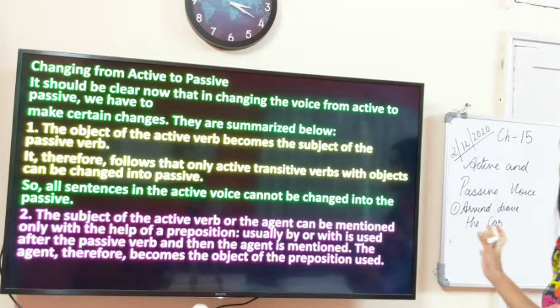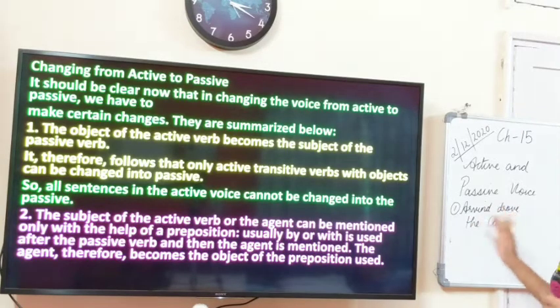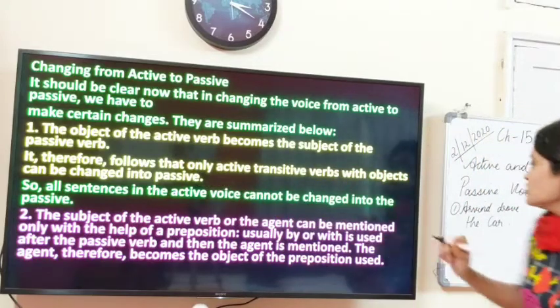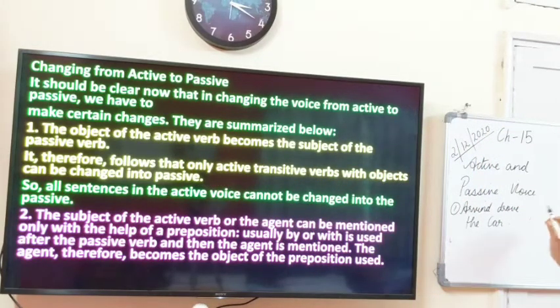I'm taking this simple example again and again so that you understand this very well. The object of the active verb. This is an active voice, okay? Which is the object, children? Car. The object of the active verb becomes the subject. So this will go and become the subject if we have to change it into passive voice.